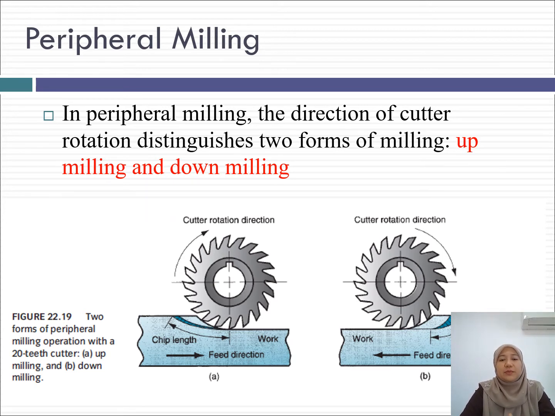For example, in figure A, this is called up milling. As you can see, the cutter rotates clockwise, and the feed direction is in the opposite direction from the cutter rotation.